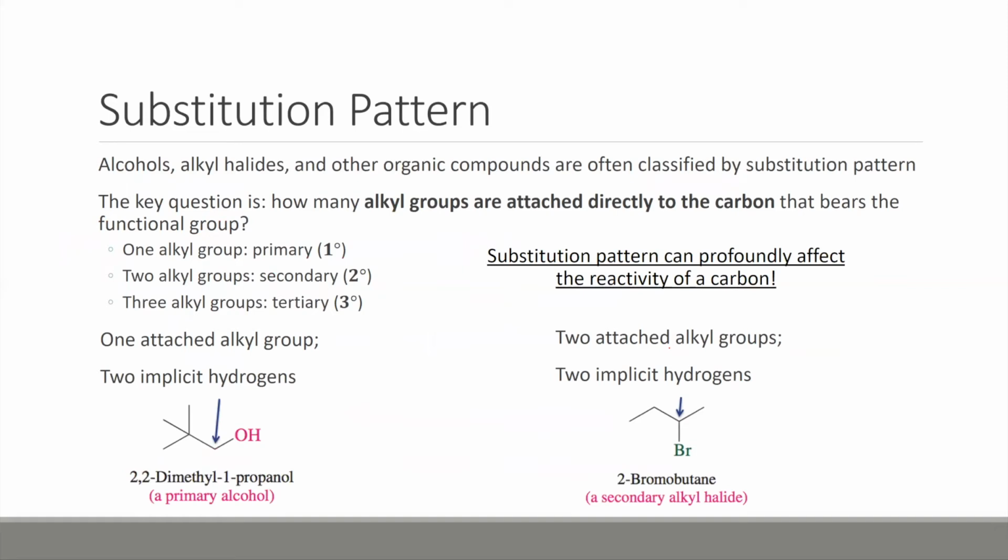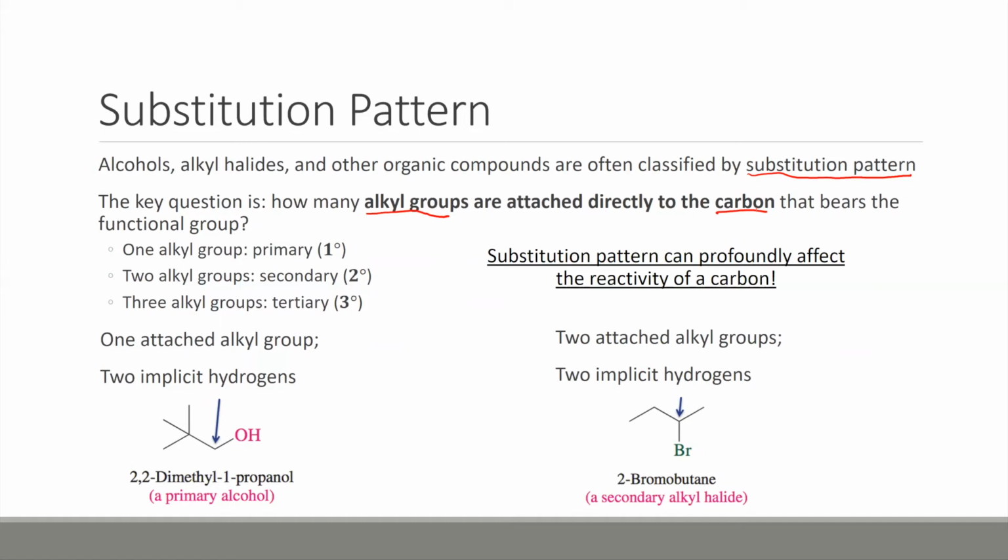Now, another thing to pay attention to is that both alcohols and alkyl halides and other compounds are classified by what we call their substitution pattern. The question here is how many alkyl groups, that's carbon groups, are directly attached to the same carbon that has the functional group, so in this case, that has the alcohol or that has the alkyl halide.